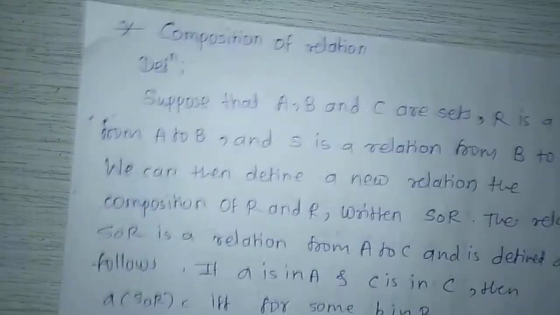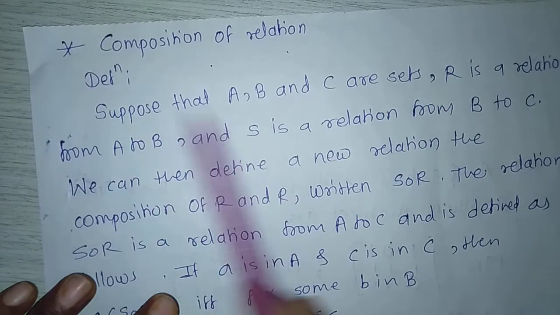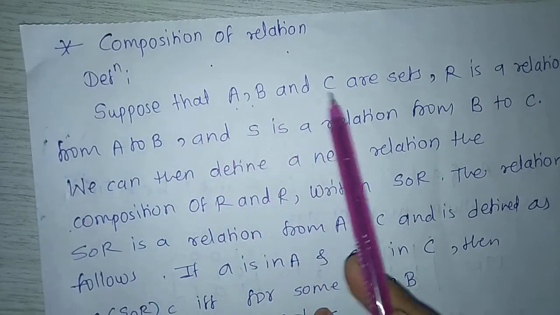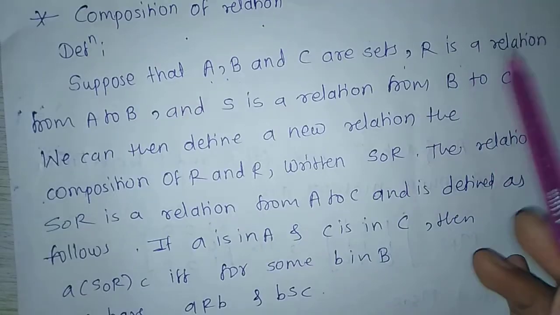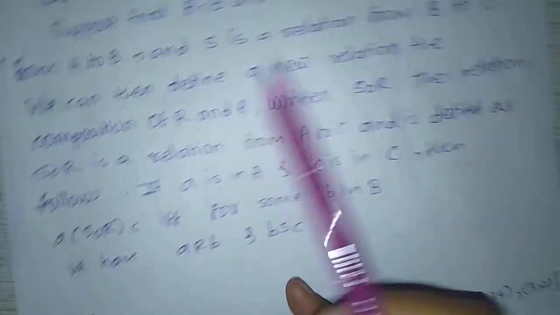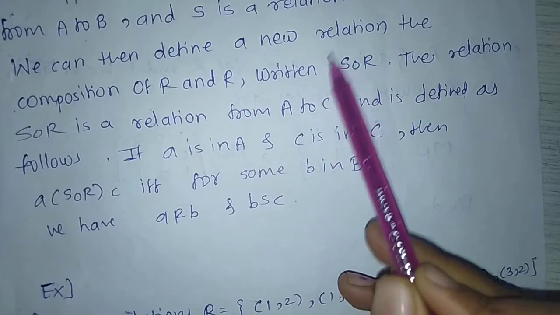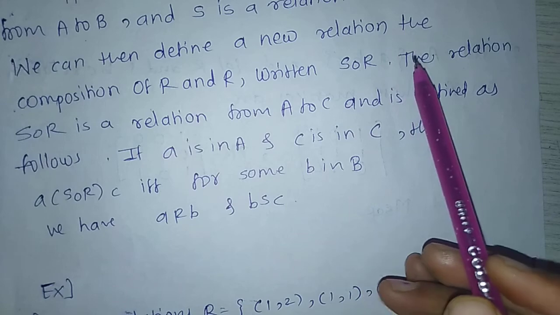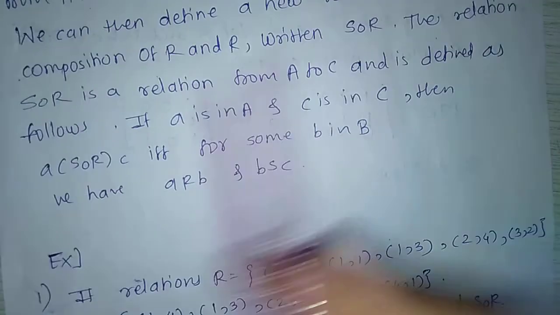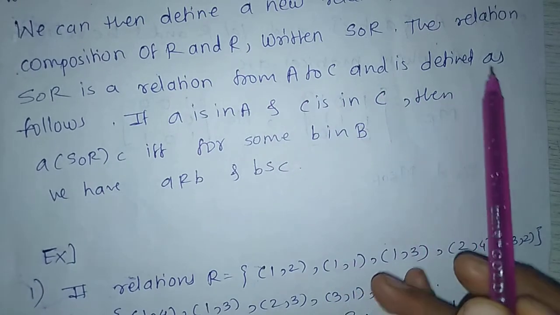Next point. Composition of relation definition. Suppose that A, B and C are sets. R is a relation from A to B and S is a relation from B to C. We can then define a new relation, the composition of R and S, written as S composite R. The relation S composite R is a relation from A to C and is defined as follows.